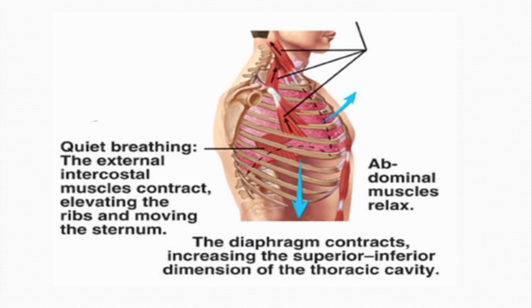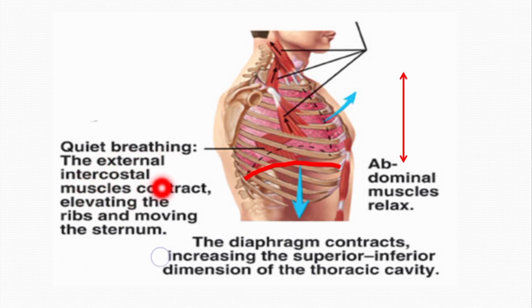So, when the diaphragm contracts, this dome shaped diaphragm becomes flattened like this. This is the situation before contraction, and when it contracts, it becomes flattened like this. As a result of this, the vertical diameter of the chest cavity will increase.